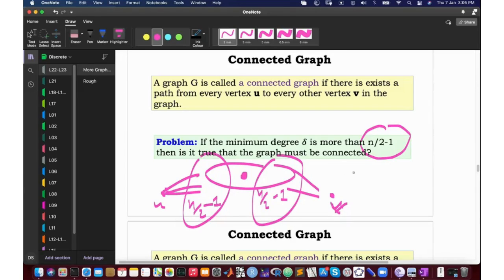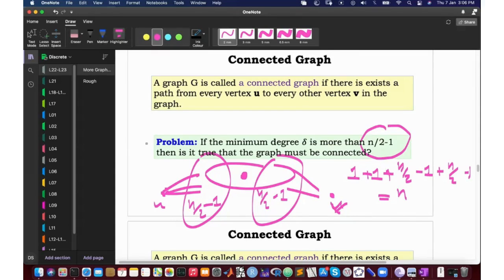We have a vertex U, a vertex V, n over 2 minus 1 vertices in the neighborhood of U, and n over 2 minus 1 vertices in the neighborhood of V. How many vertices do you get by this calculation? All the vertices are in there. There is no other vertex left.